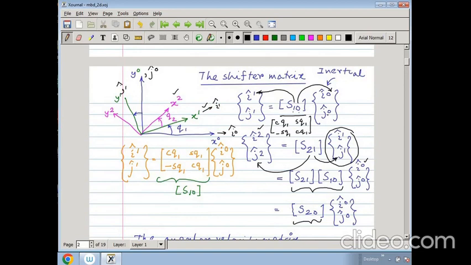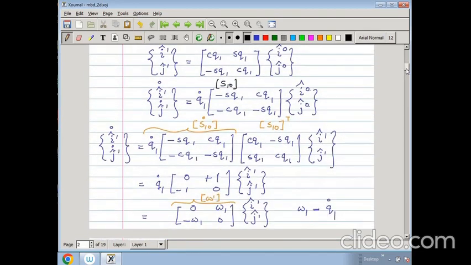So I0 J0 will be S10 inverse I1 J1. So here we can write that I0 J0 is equal to S10 into inverse I1 J1.